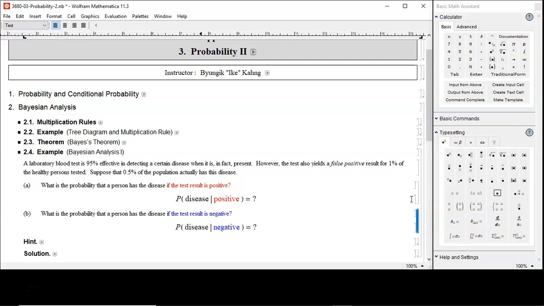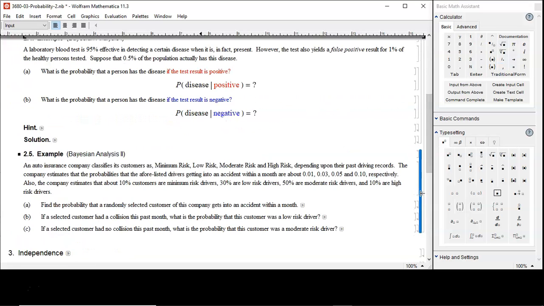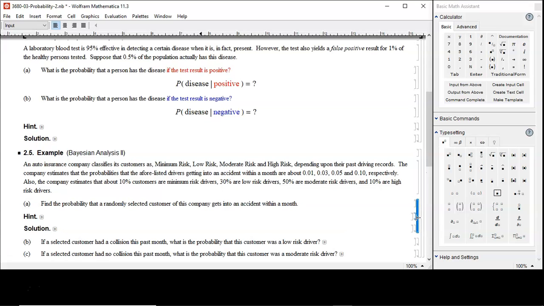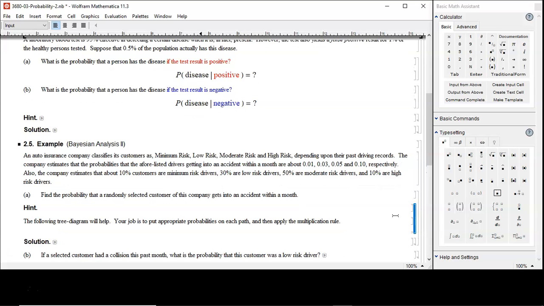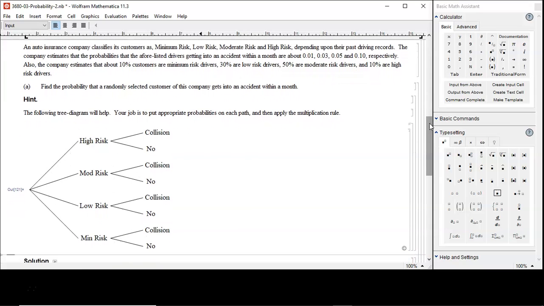Okay, how do you do this problem? Step 1 is to set up a tree diagram, and that usually is the hardest part. Let me remind you of the previous problem we just discussed, and the tree diagram was not too bad. We have a category of minimum risk, low risk, moderate risk, high risk. We have these 4 categories.